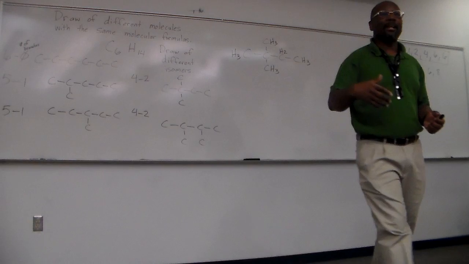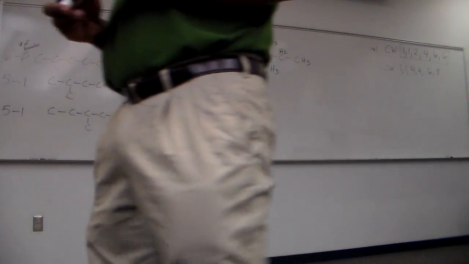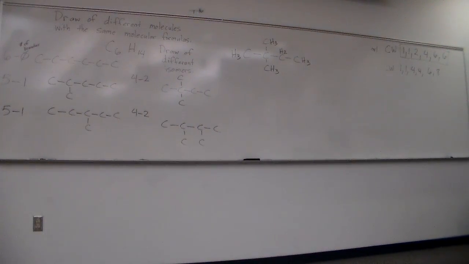When you do the count, you should have 14 hydrogens. If you don't have 14, it can't be an isomer of the others. Isomers at least have something the same about each molecule: the same number of carbons, same number of hydrogens, same number of bonds, but different attachments.